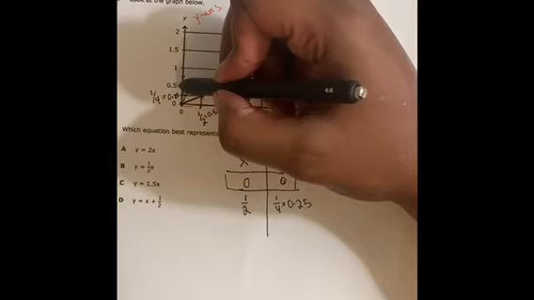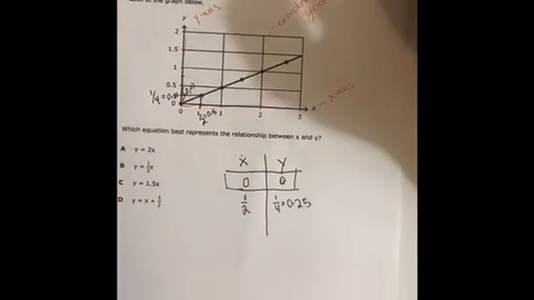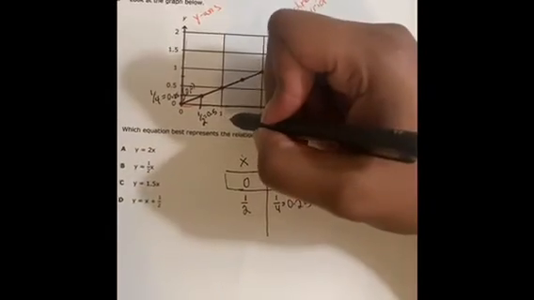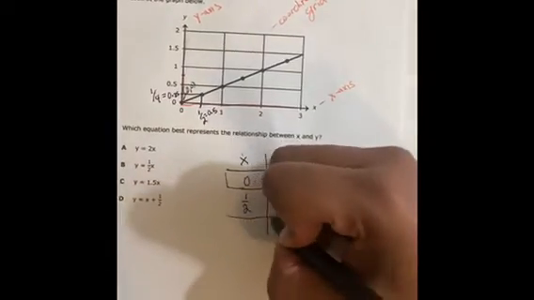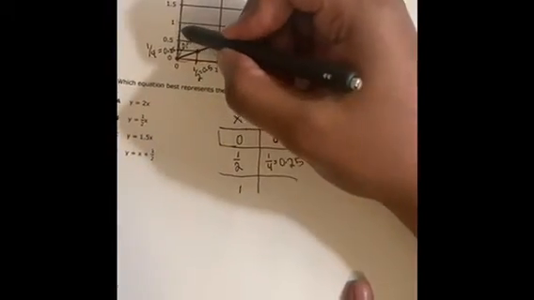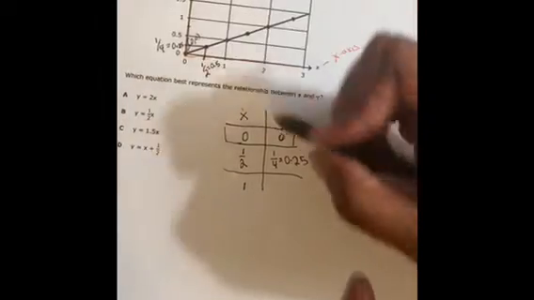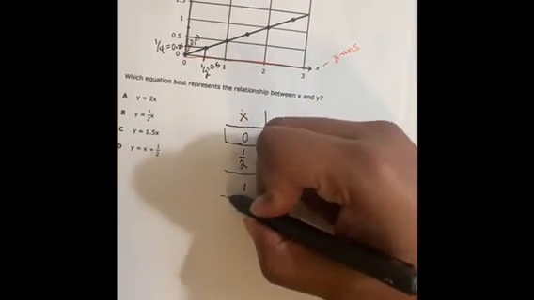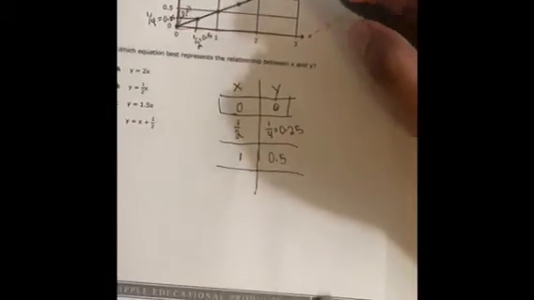You got 25, you got 50, you got 75, you got $1, okay? So let's just do that. I got that point. When x is 1, keep going. When x is 1, y is 0.5 or 1/2. I'm just going to put it as a decimal. They're all the same thing. Okay.